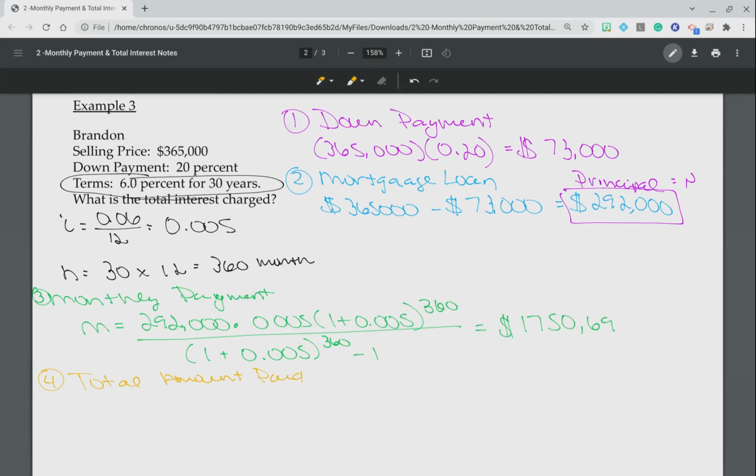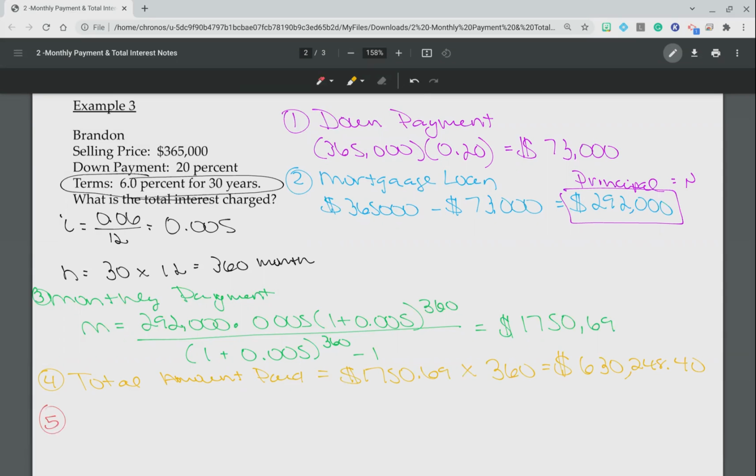So our equation for that, remember, is to take our monthly payment and multiply that by N, which was 360. So our total amount paid is $630,248.40.